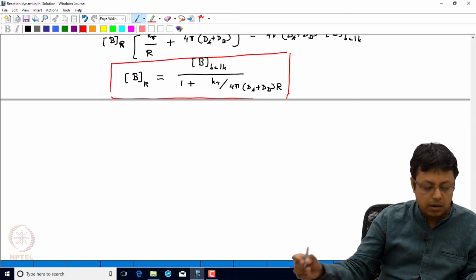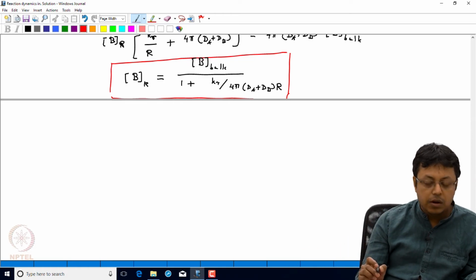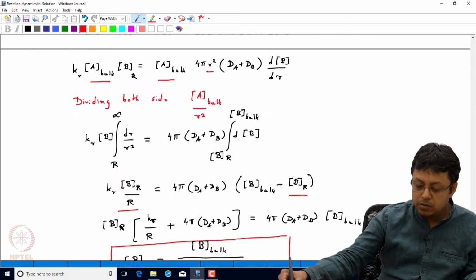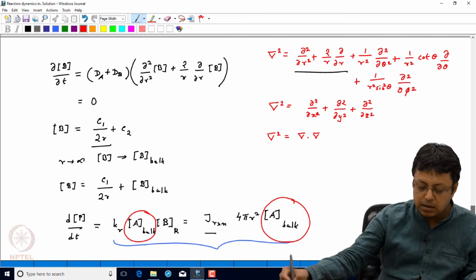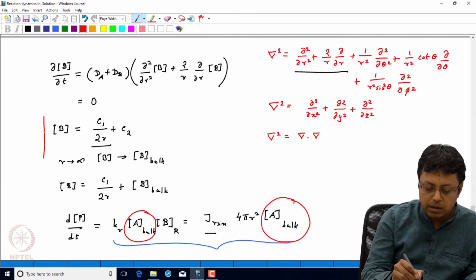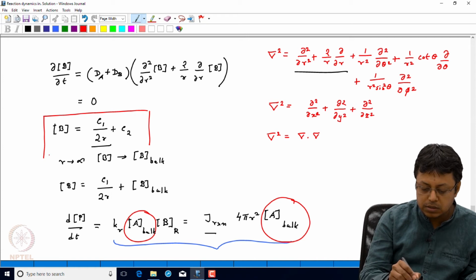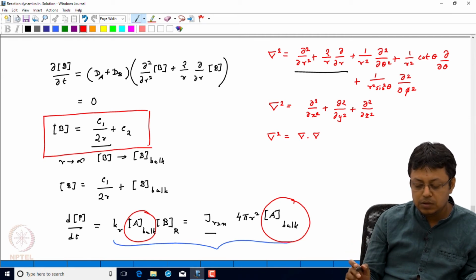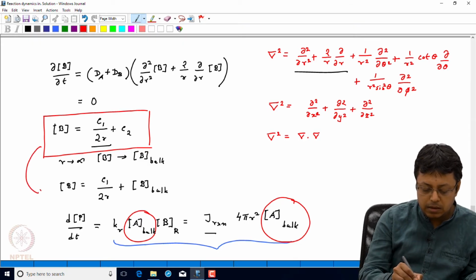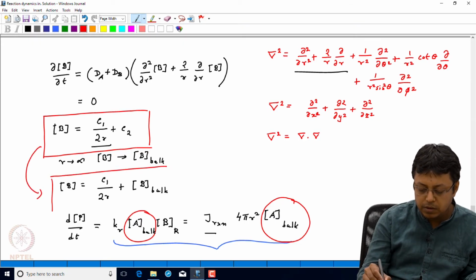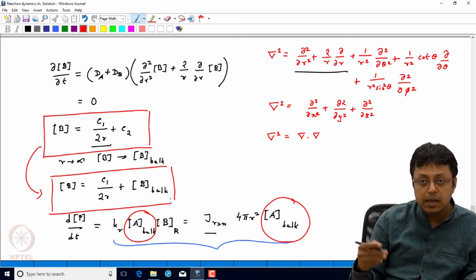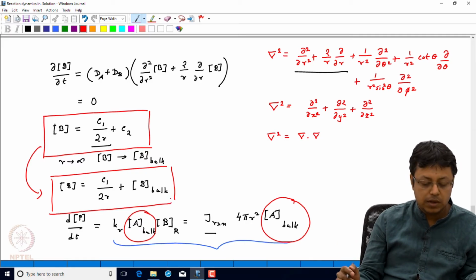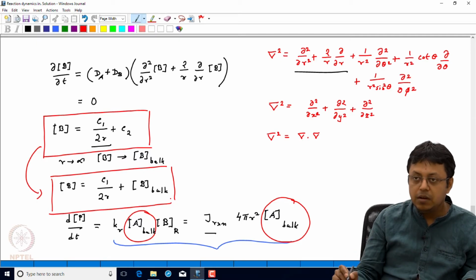So, that we are now going to use. Remember that we calculated the concentration of B, the time dependence, and then it basically reduced to another equation after we wrote the bulk form, that B at any position you can write as C1 by 2R plus B of bulk.